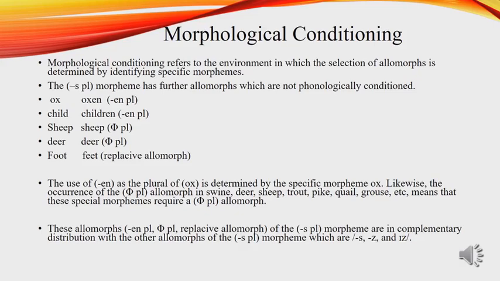They cannot overlap positions. For example, we cannot say sheeps to make sheep plural, because we have to use the zero allomorph with this word. And we cannot say oxes to use the is allomorph, because we have to use the en plural. That is why these allomorphs are in complementary distribution. We cannot use one in the position of each other.